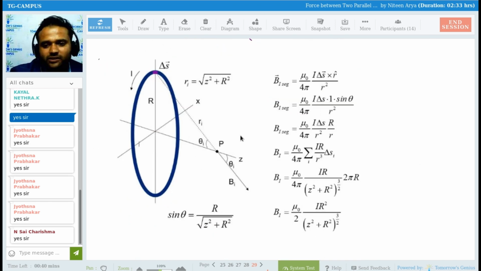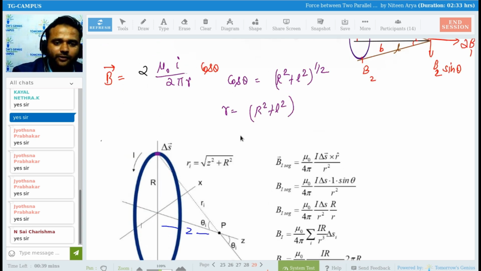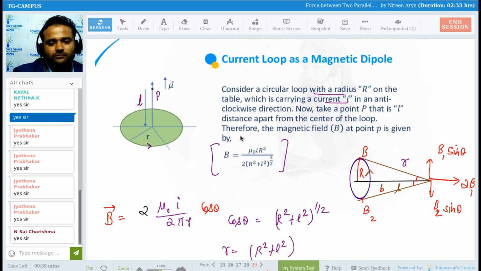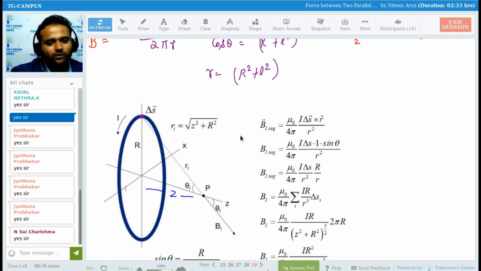Okay. So after the class, you can see that in this way there is a formula mu naught by 2, I r square over z square plus r square, because this is r, this is z. Here they took this as z, but in our case we took L. Clear? So just revising this, r equals z square plus r square, or you can say L square plus r square.